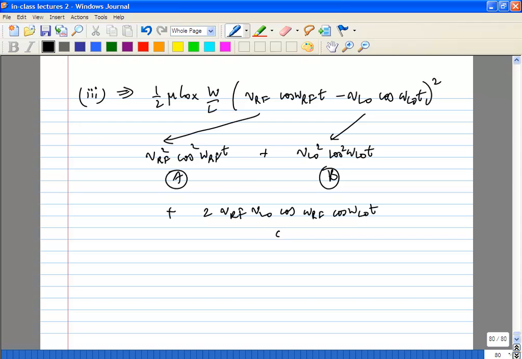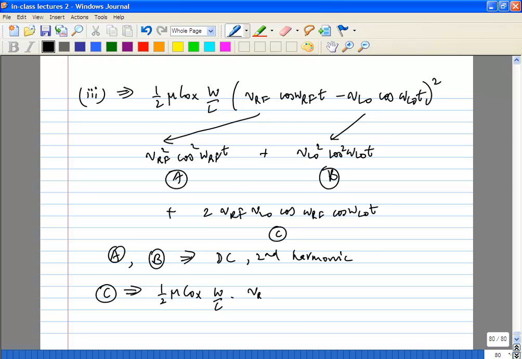Call this C. So again A and B give you DC and the harmonic terms. What does C give you? Again, you're going to write cos A cos B as the sum of the cosines and the difference of the cosines.